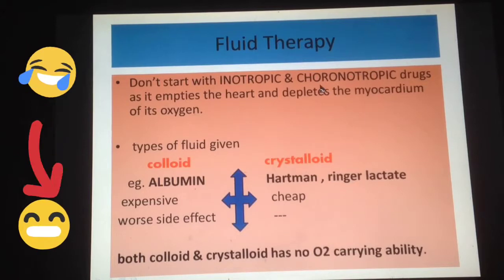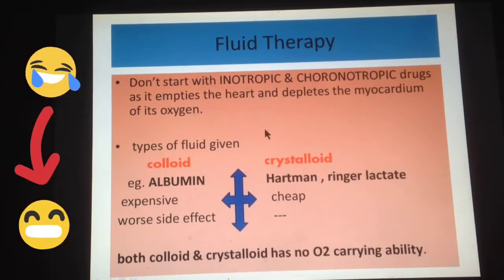By doing so, if the blood volume is already low, you will empty the heart faster, and due to such increased contraction, you will also deplete the myocardium of its oxygen supply. Similarly, the coronary vessels would also constrict, decreasing supply to these organs, and the heart would also die off if you start off with these 2 drugs.